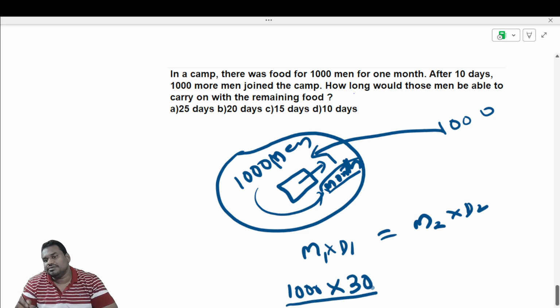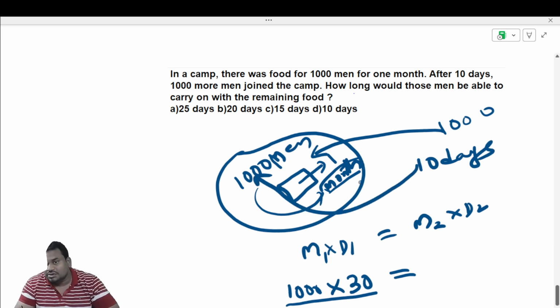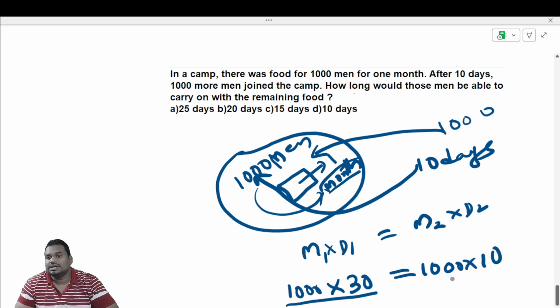So this is the value that should be divided into 2,000. So after 10 days what happened? So for the first 10 days, how many members are there? Only these 1,000 are there. So these 1,000 people will use that food for 10 days. Okay? So 1,000 into 10 is the amount of food they used.